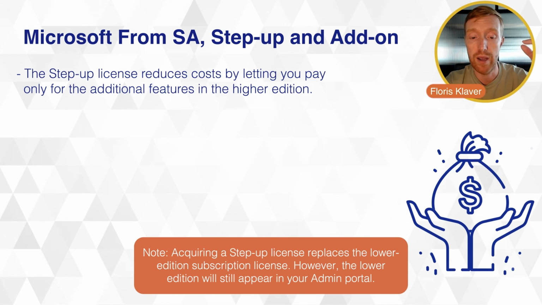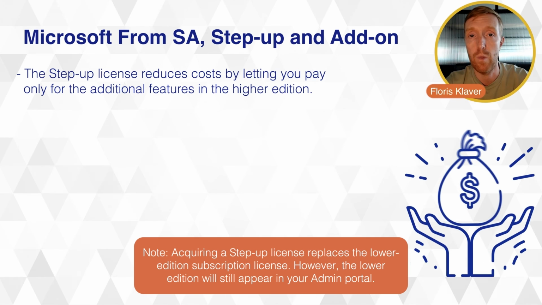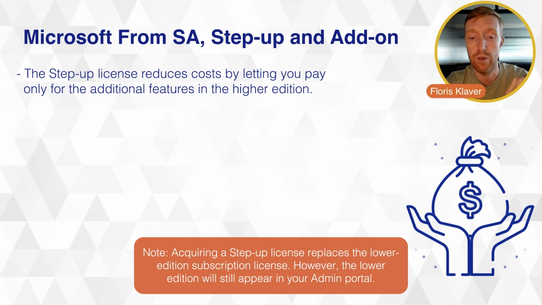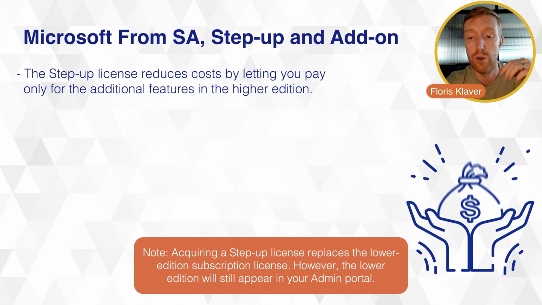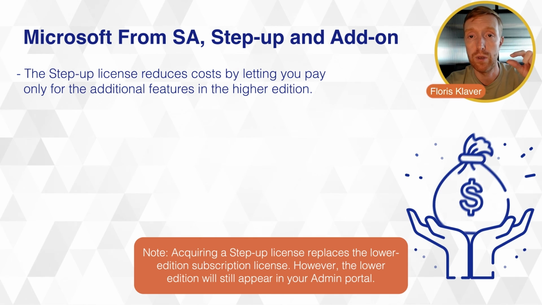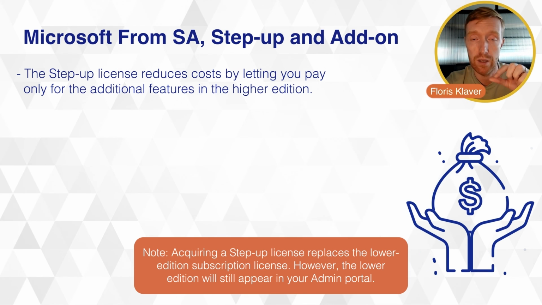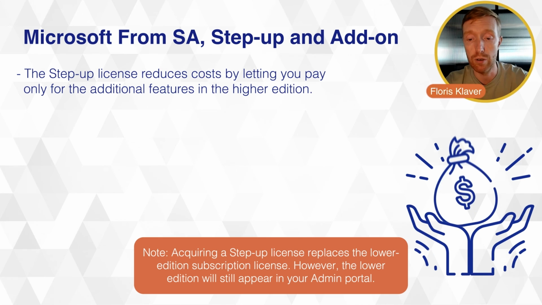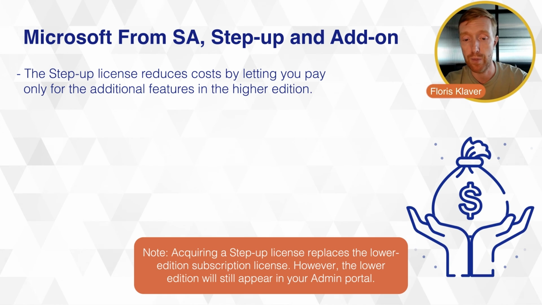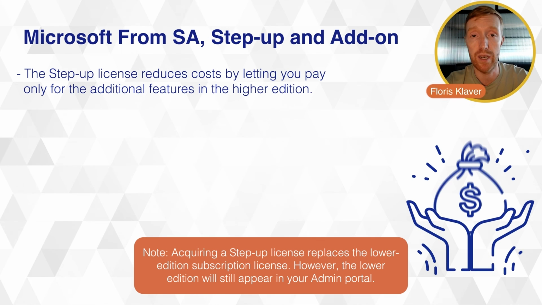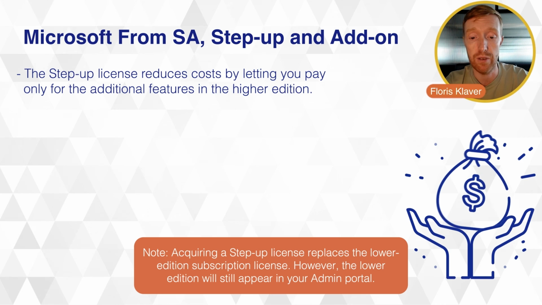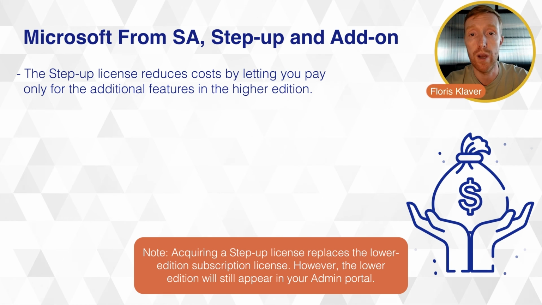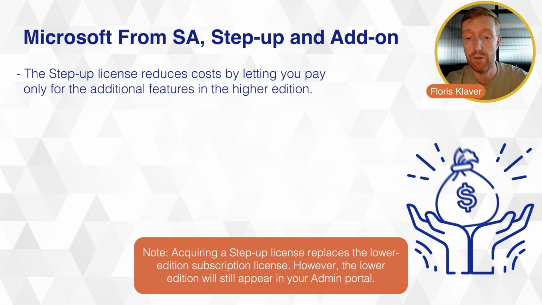So if you buy an Exchange Online Plan 1 step up on top of Exchange Online Kiosk, you cannot use that Exchange Online Plan 1 license for a different user. It should go to that user who you bought the step up for. That's important because in the Microsoft 365 Admin Center, for instance, it won't show as a step up. It will just show the full functionality.